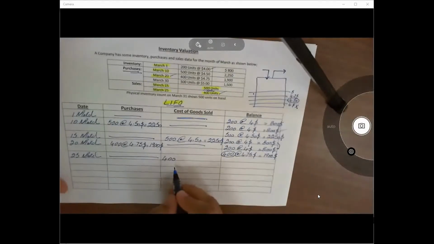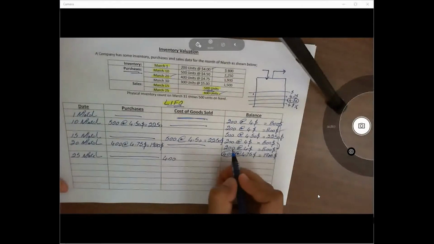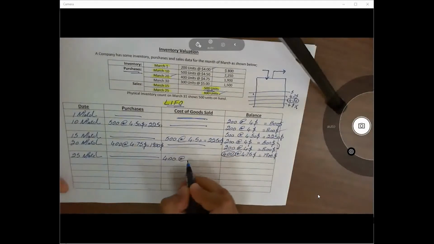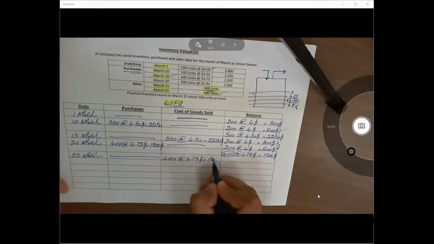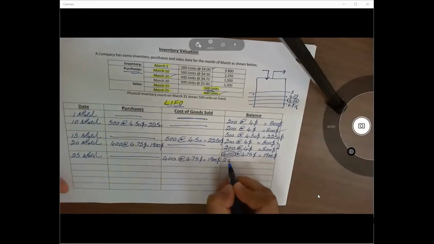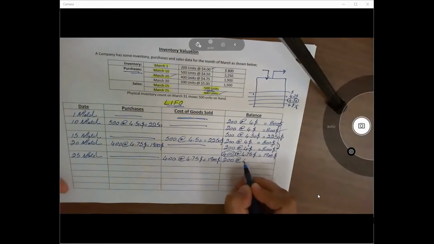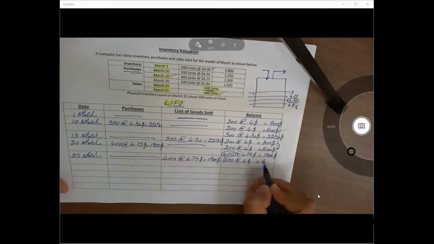There is no difference. We don't need to take any units from the above balance. So 400 at $4.75, which is giving us total $1,900 of sales. And our balance sheet will be reporting 200 units at $4, which is equal to $800.